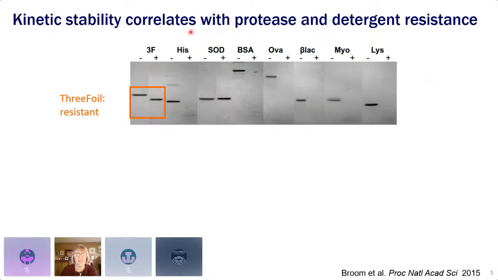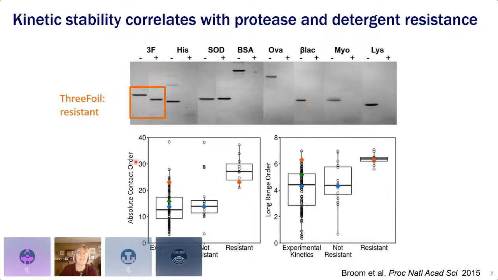So this was interesting, and we wondered how general this might be. Here we're looking at all the data we could collect from the literature, as well as screening for kinetic stability that we did in collaboration with Freddie Collins' group. What we found is that the absolute contact order, which is the average separation between residues that are in contact in the folded protein, is correlated with how resistant the protein is.